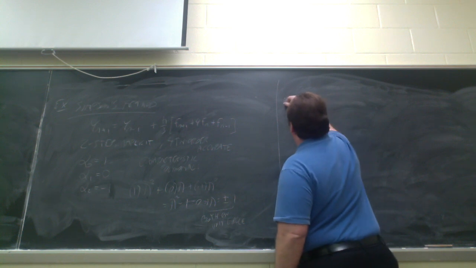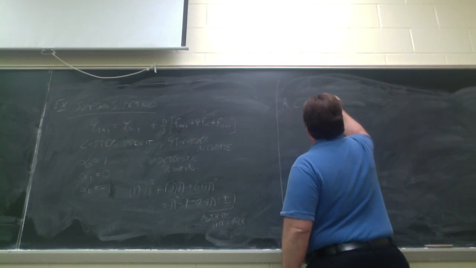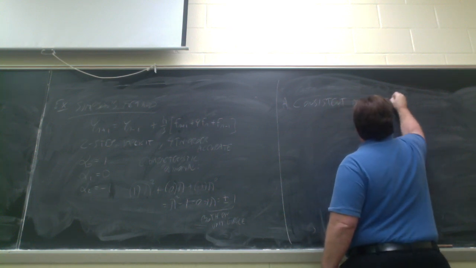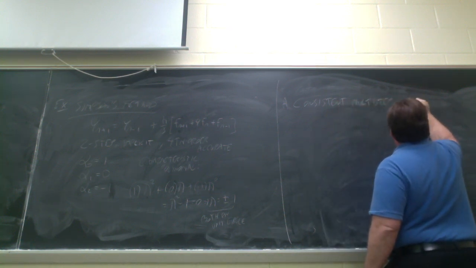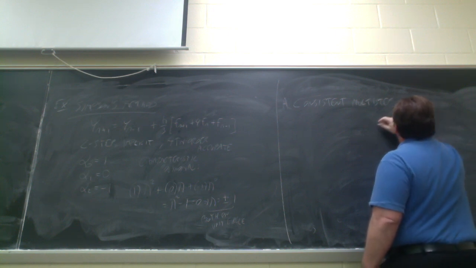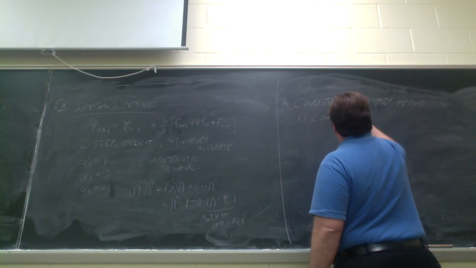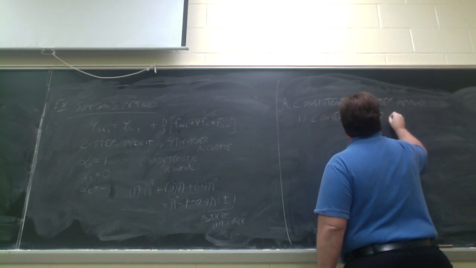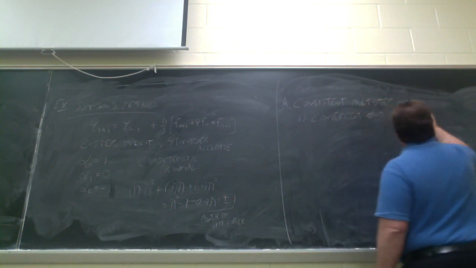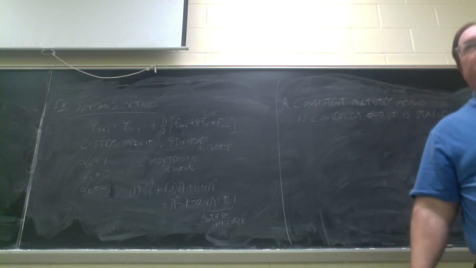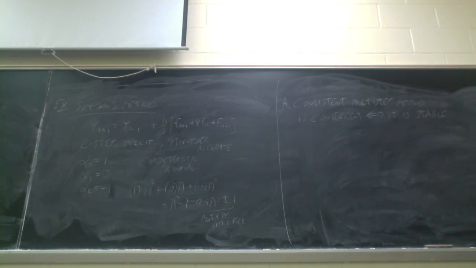So a consistent multi-step method is convergent if and only if it is stable. Now, weakly, strongly doesn't matter. If it's either kind of stability, zero stable, then we can get convergence. Okay.